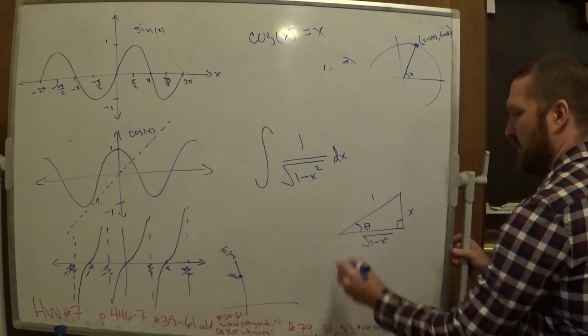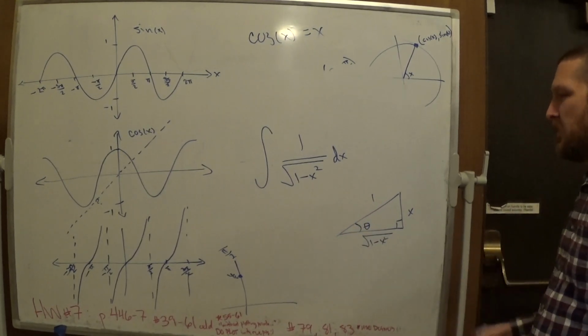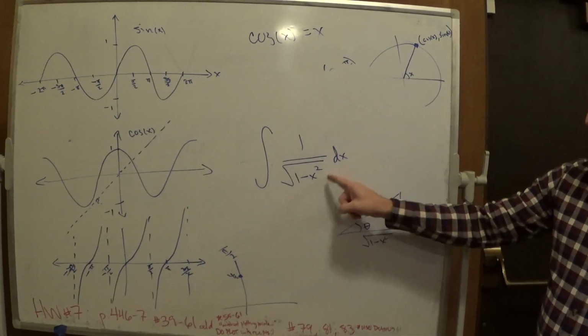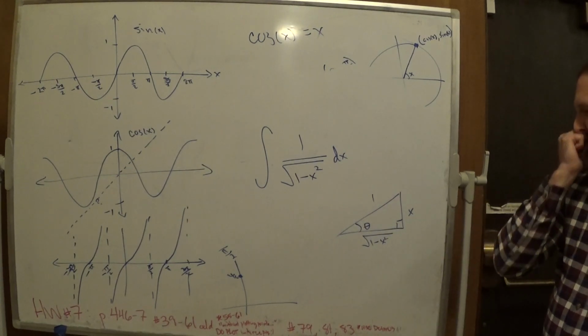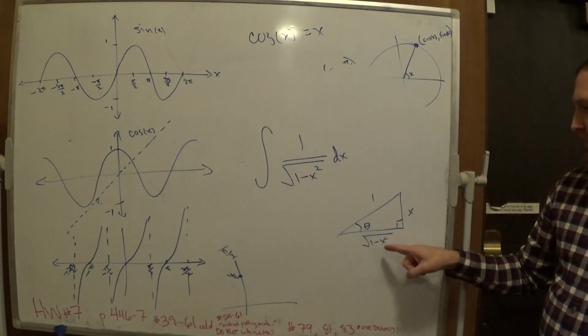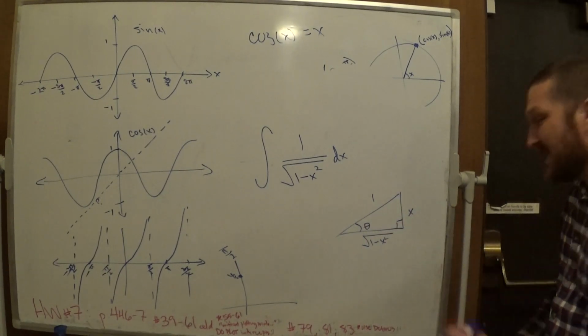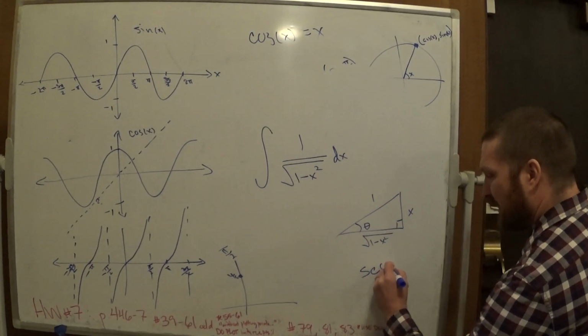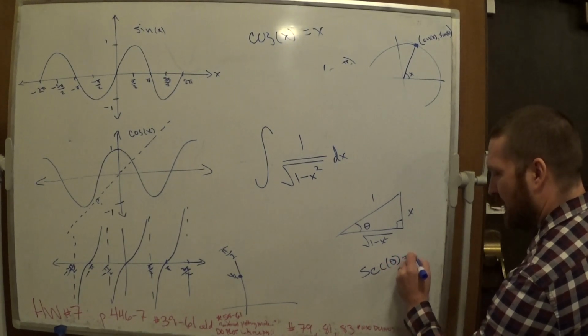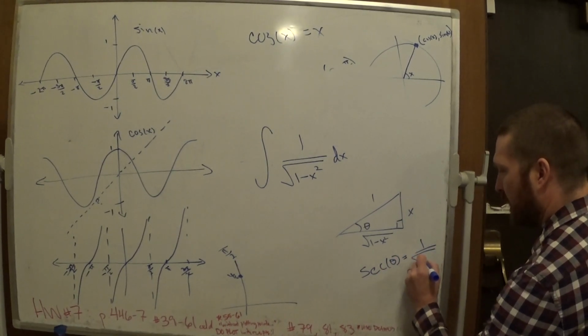Oh. And so then that over that would be what in terms of theta? Well, that over that would be cosine. So secant theta is 1 over that right there.